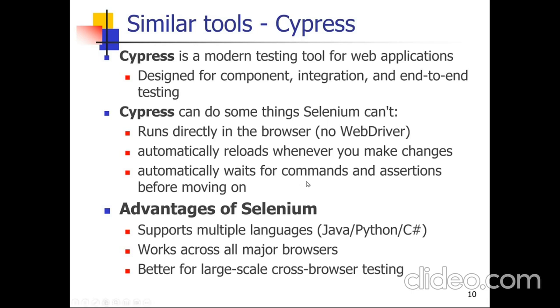An advantage for Selenium is it supports multiple languages, like Java, Python, C Sharp, JavaScript too, whereas Cypress only supports JavaScript. Also, it works across all major browsers, so many different browsers. You don't need to do it one by one, but you need to download the web browser, obviously. So that's why it's better for large scale cross-browser testing.